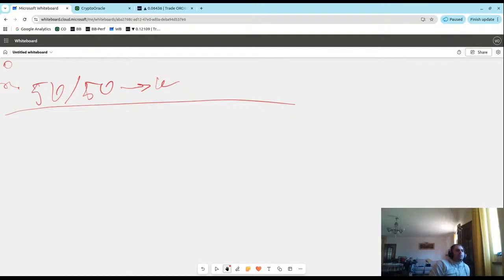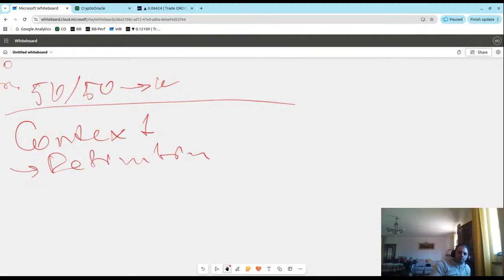Then the only solution is to deliberately design your own context, right? So the context, what you have to have is the definition, and you have to design it for your psyche.